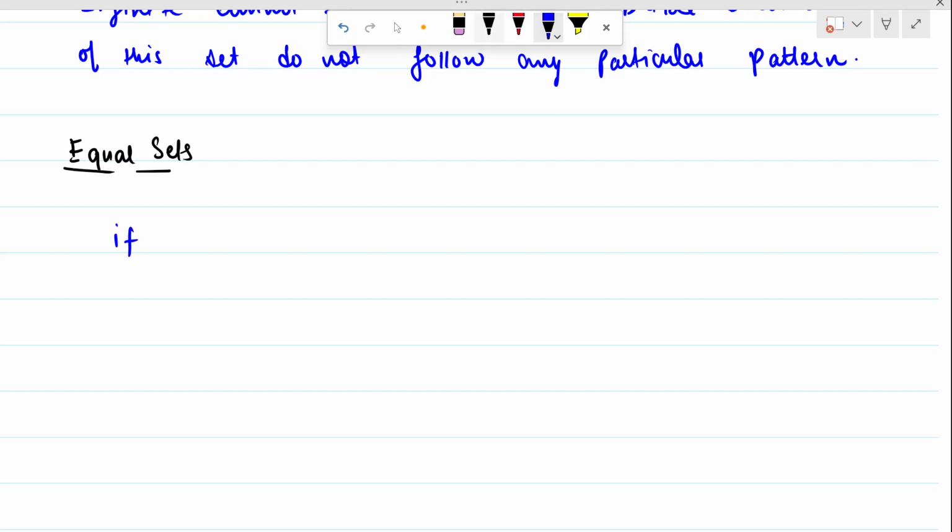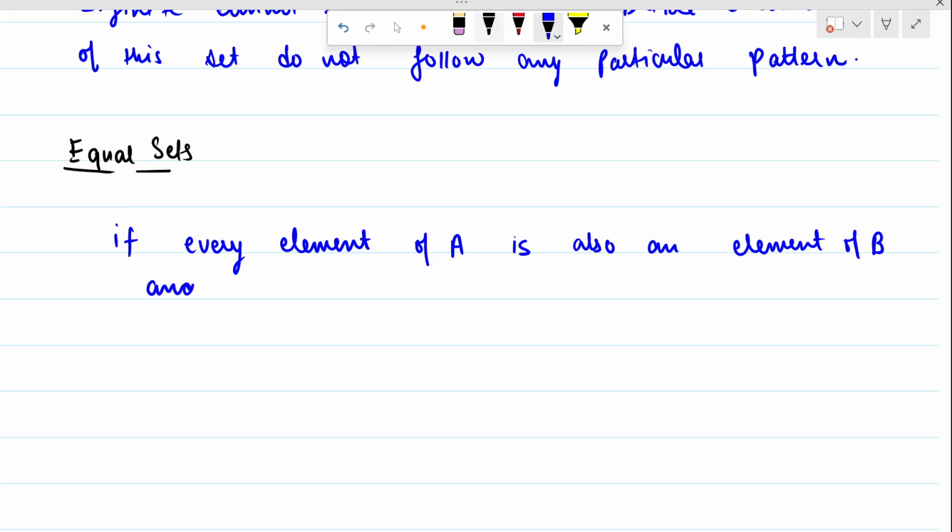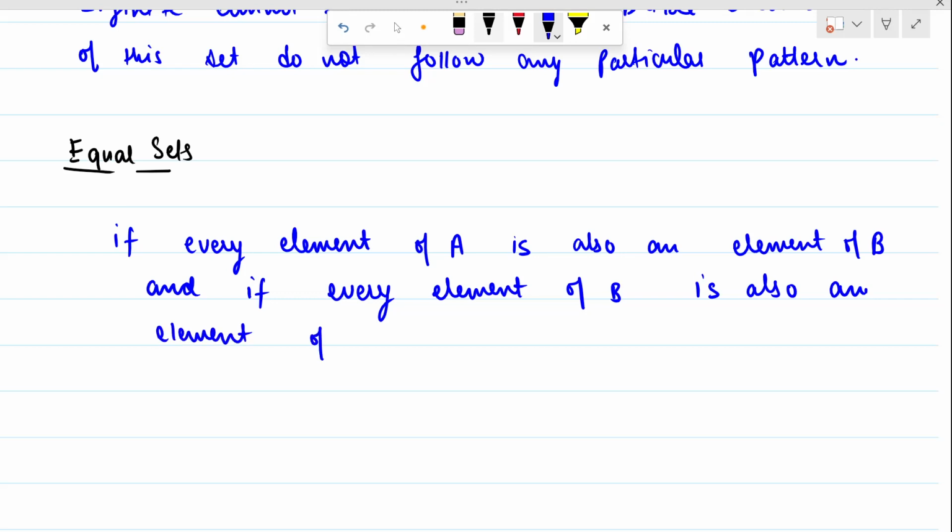If every element of A is also an element of B, and if every element of B is also an element of A, then A is equal to B.